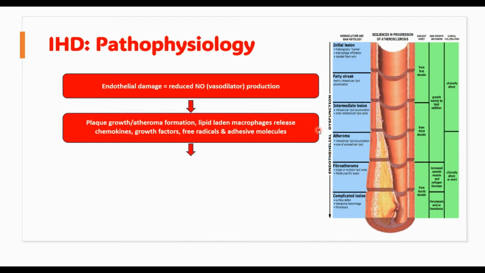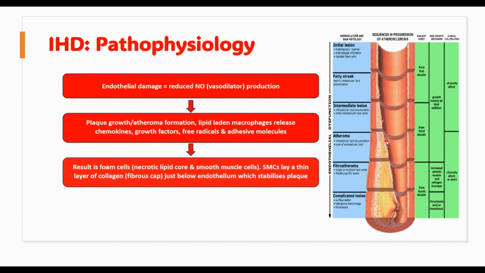So at this stage, we're past the intermediate lesion, and we're starting to see this atheroma form, where we have an accumulation of intracellular lipids, and we also have this lipid core, and you can see here all this fatty lipid core.